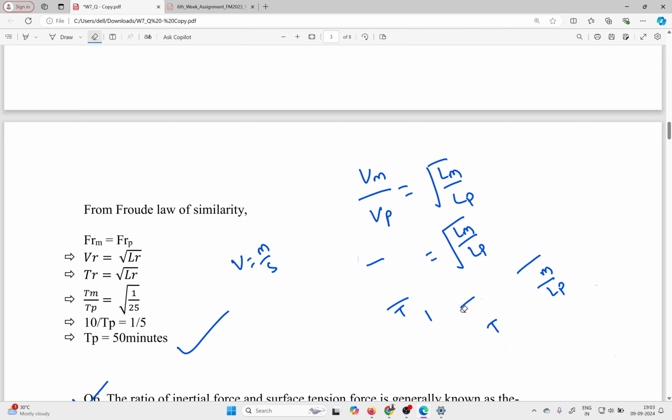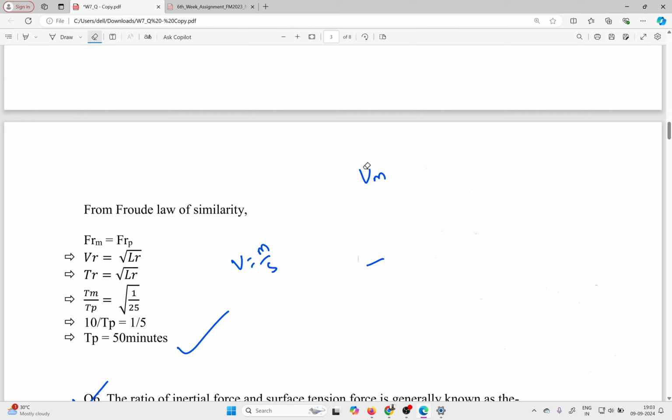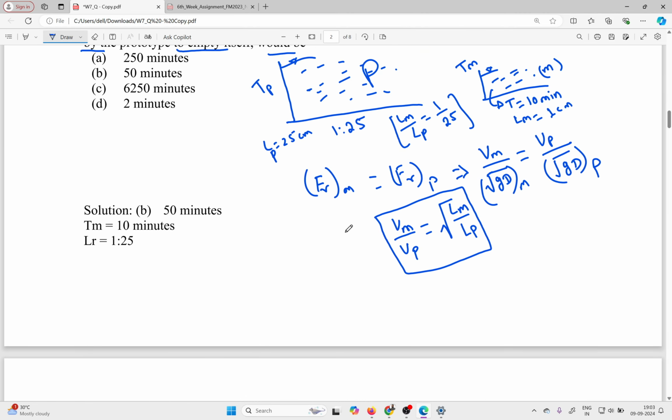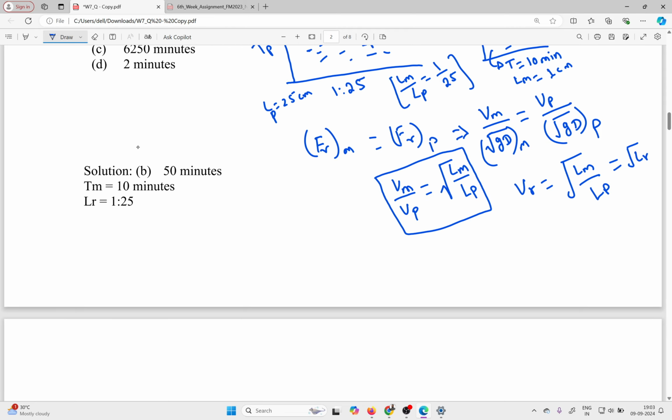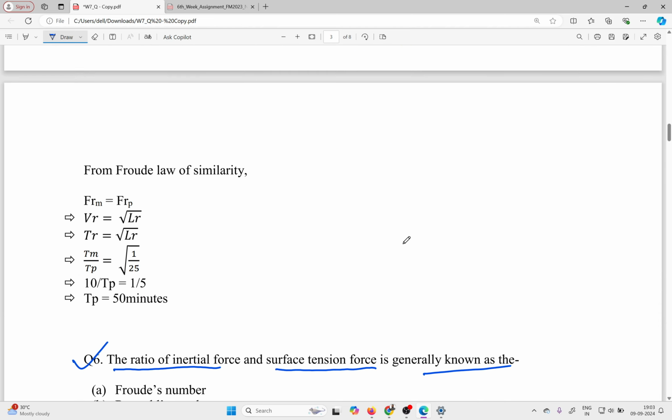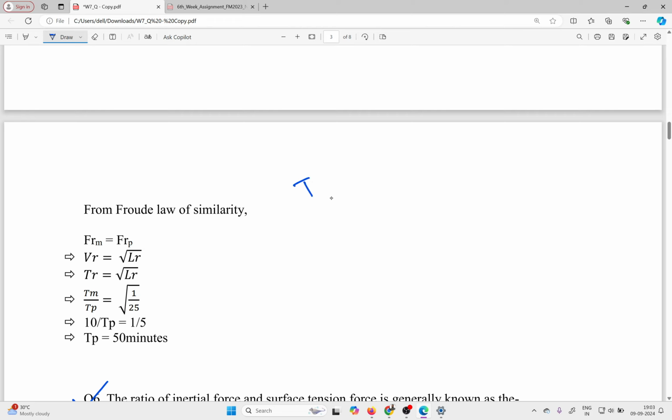Your velocity is nothing but distance by time. So Vr is equal to Lm by Lp, that is Lr.